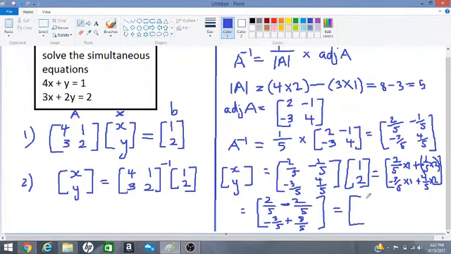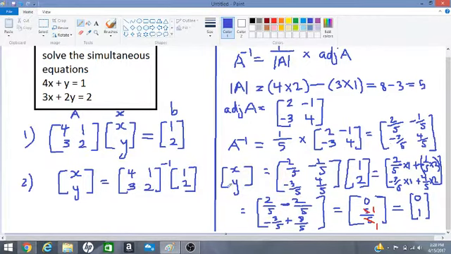2/5 take away 2/5 is 0. Negative 3/5 plus 8 over 5. 8 take away 3 is 5 over 5. And we get 0 on top. 5 into 5 is 1. Remember we can cancel here. 5 into 5 is 1, which gives us 1.